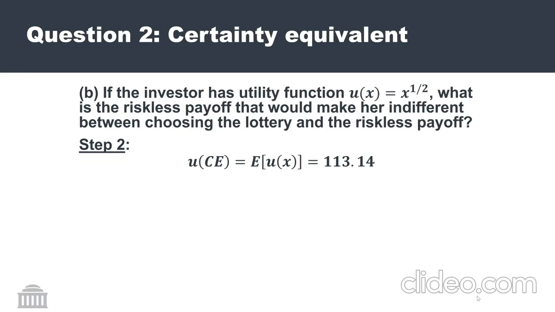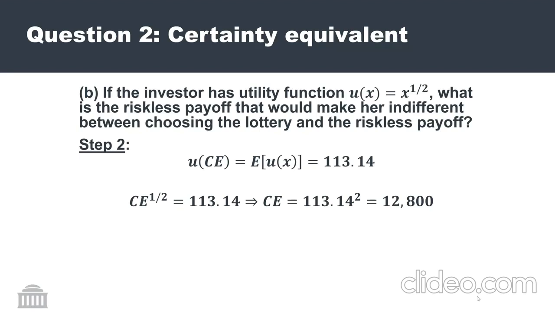Now for this investor, U of CE equals CE raised to the power 1/2. And so now we have to solve the following equation. CE raised to the power 1/2 equals 113.14. This is a simple equation to solve, so this gives us CE equals 113.14 raised to the power 2.